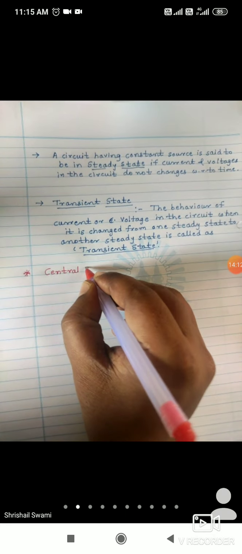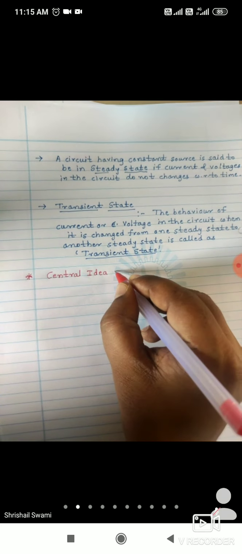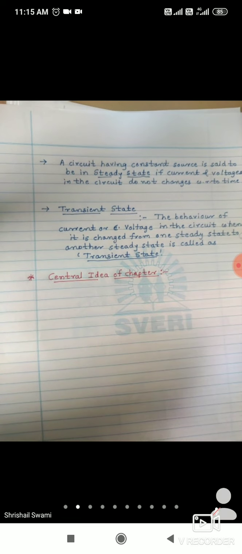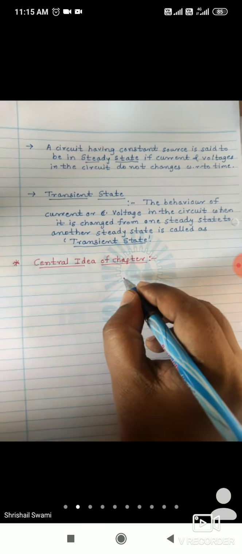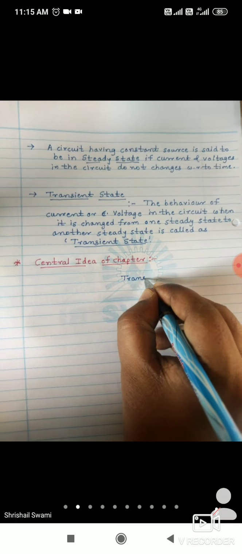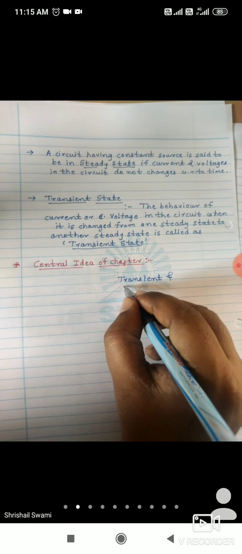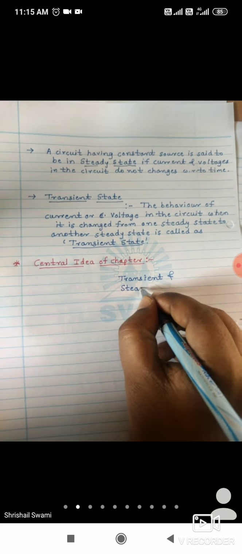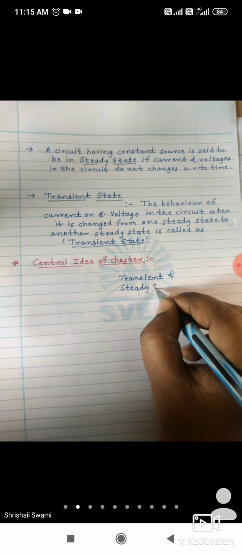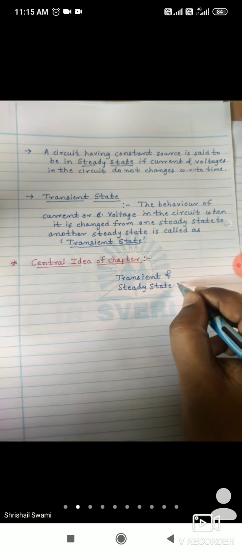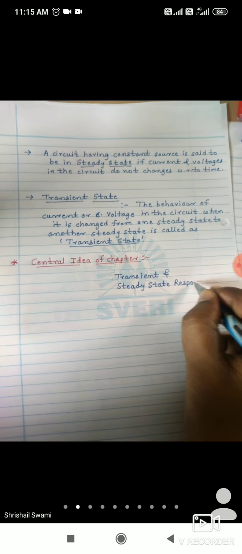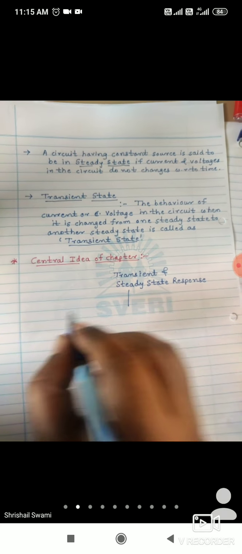So the central idea of the chapter. What will be the central idea of the chapter? It will be based on the syllabus points. So here we are learning the transient and steady state response. I will give it in the form of a table. Mainly we are focusing on the transient and steady state response of the following three circuits.